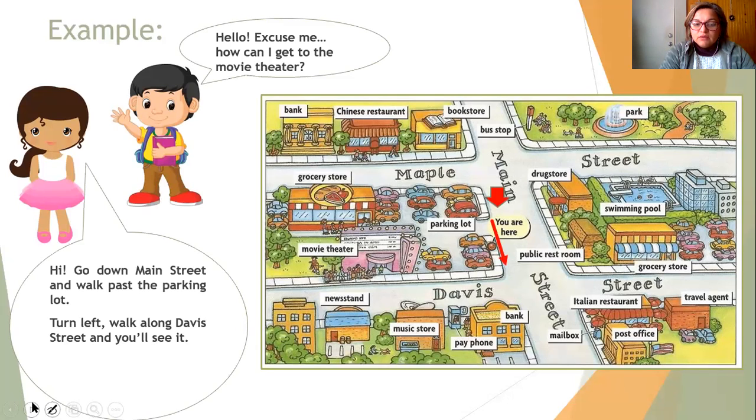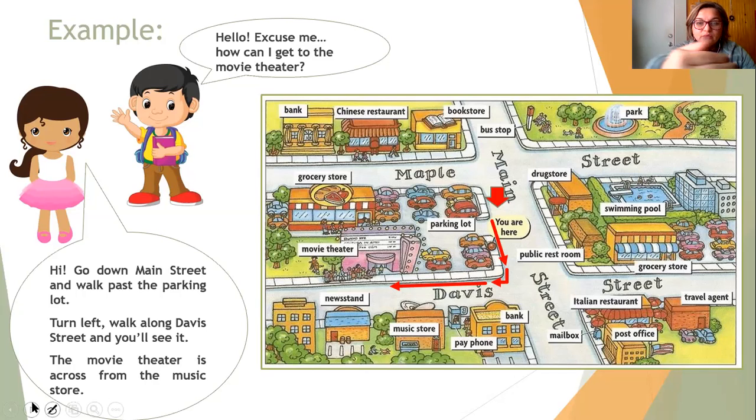Turn left and walk along Davis Street and you'll see it. The movie theater is across from the music store. Yes? And you have to follow the directions, you see?